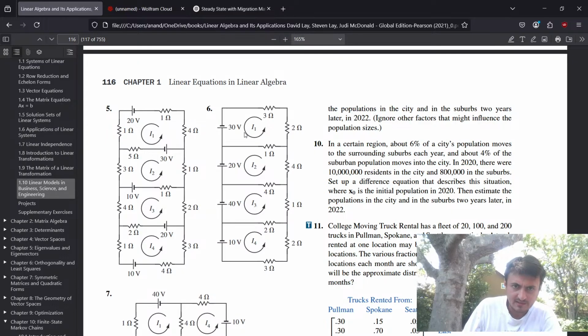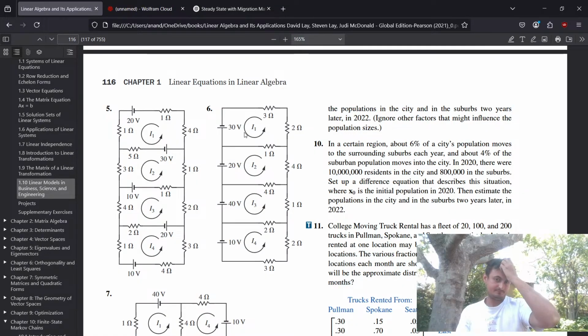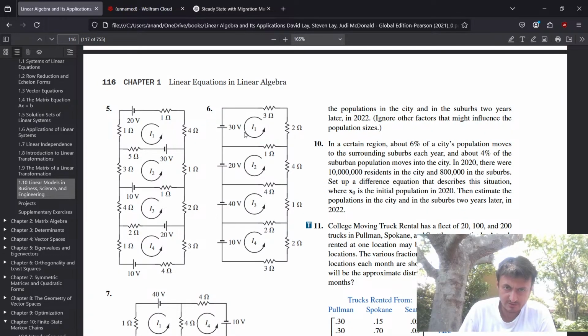So it's going to be 20 is equal to 9I2 minus I1 minus 4I3. 40 is equal to 7I3 minus 4I2 minus 2I4. Now 10 is equal to 7I4 minus 2I3.